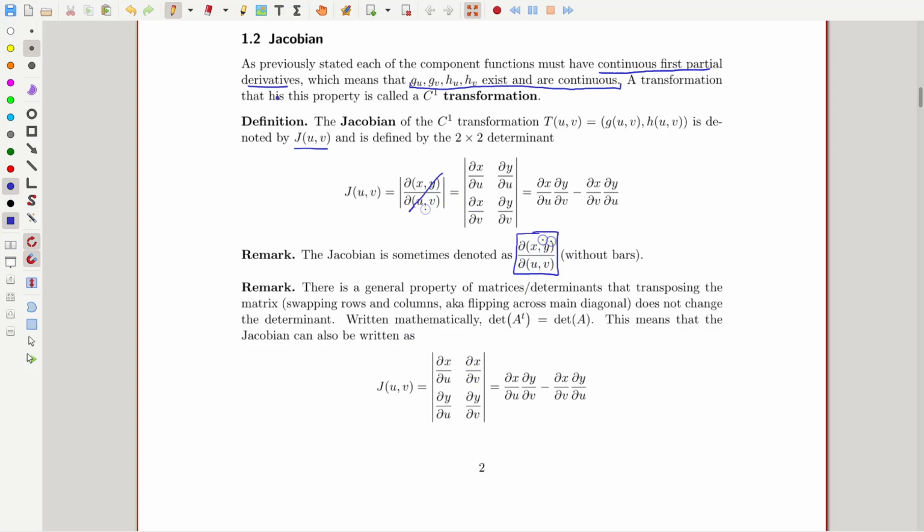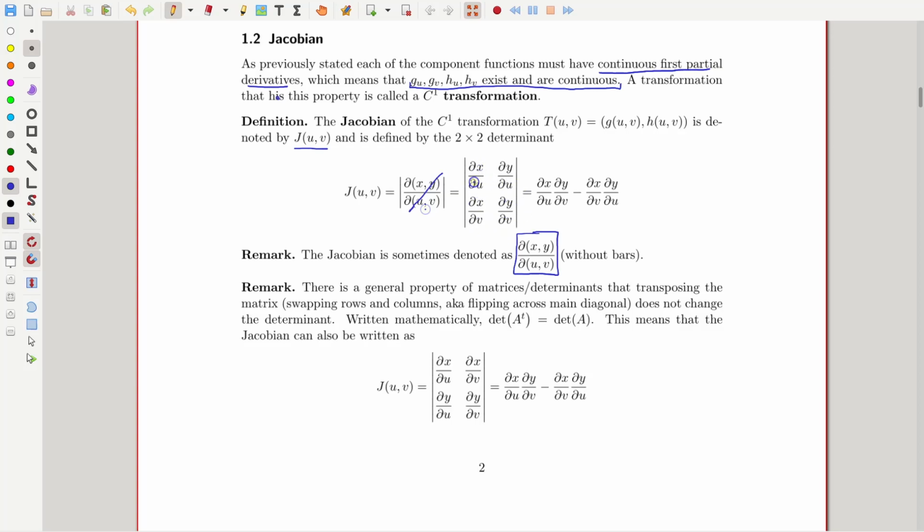Okay, but this guy is supposed to be a matrix, and you can see that this can be thought of in this way, where you have the denominator, the derivative you're taking with respect to, being constant in the rows, and the function you're taking derivative of constant in the columns. So like x's are here, y's are there, whereas u's are here and v's are there. You can have it that way.